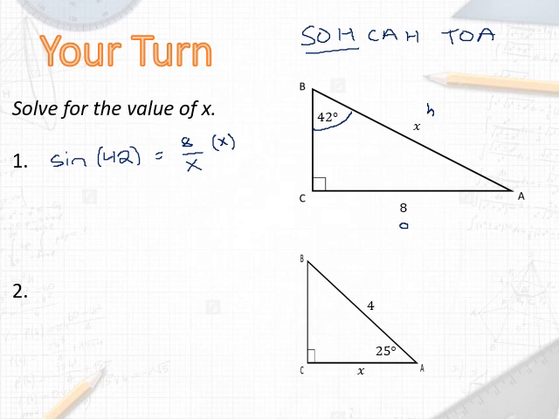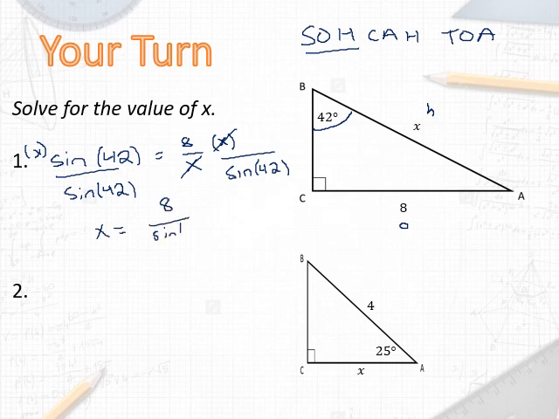Multiply by x on both sides, and then divide by sine 42 on both sides. So we get x is equal to 8 divided by sine of 42. So let's see, 8 divided by sine 42 is 11.96.